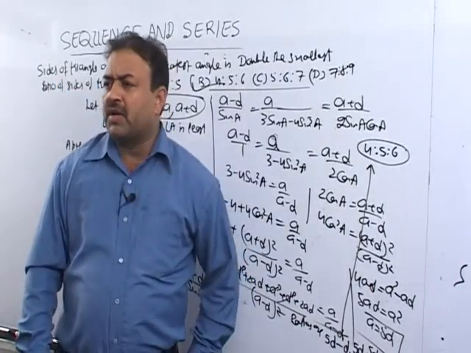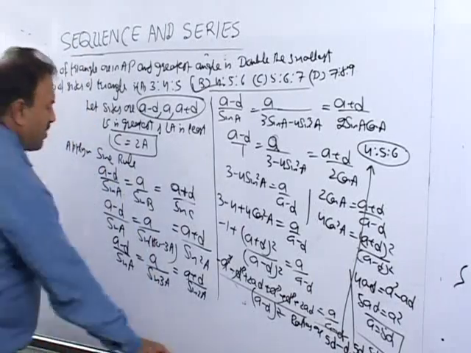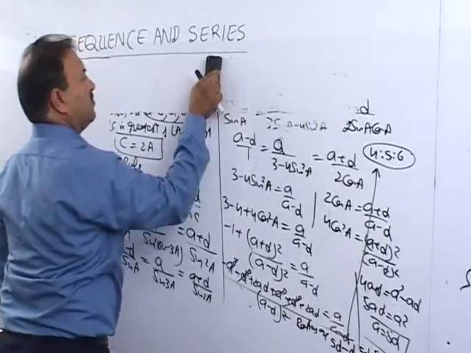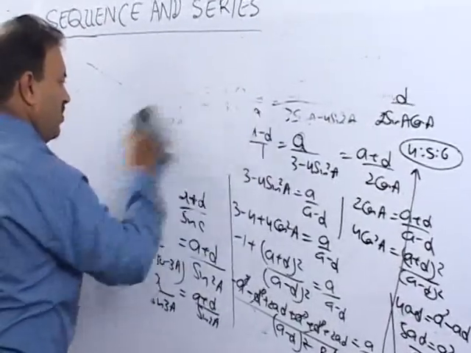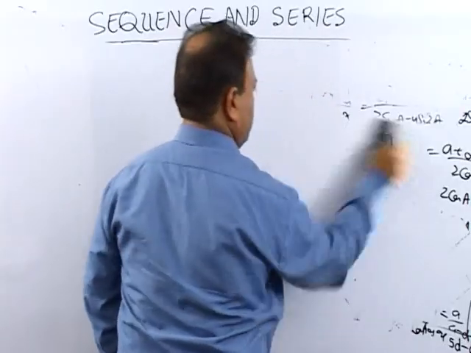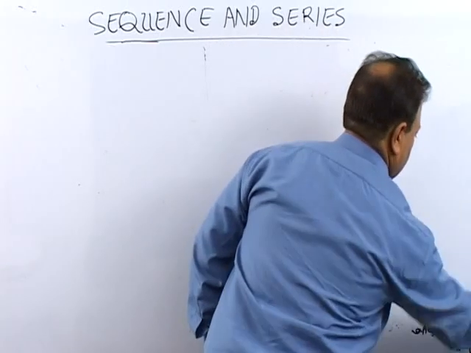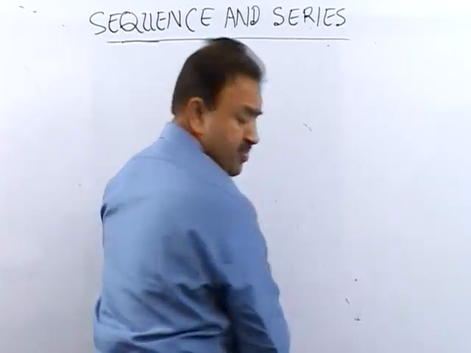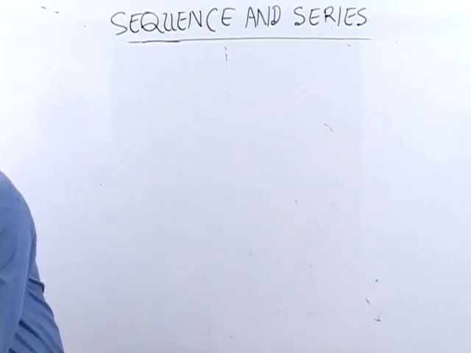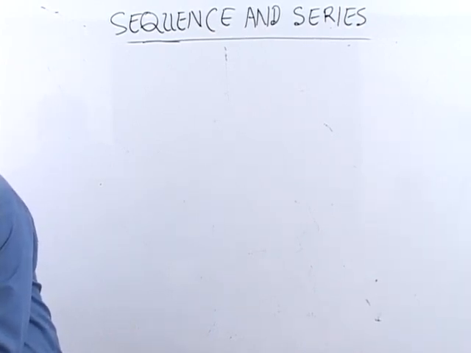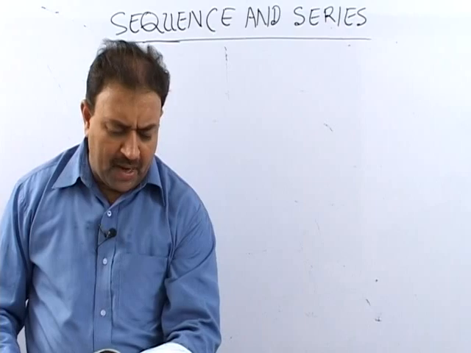Next problem of our arithmetic progression is question number 39, and I think mostly the complex problems we have finished.